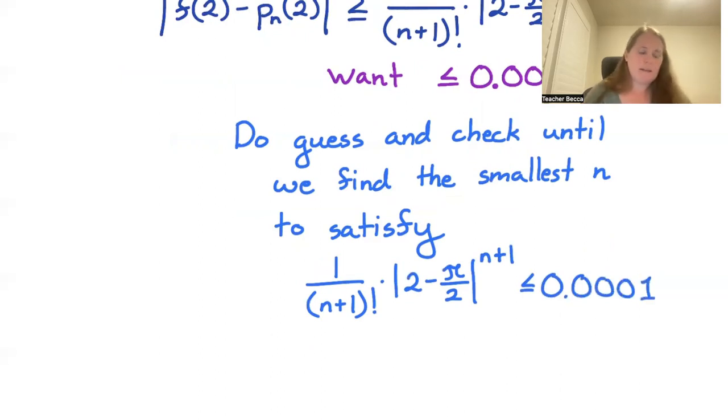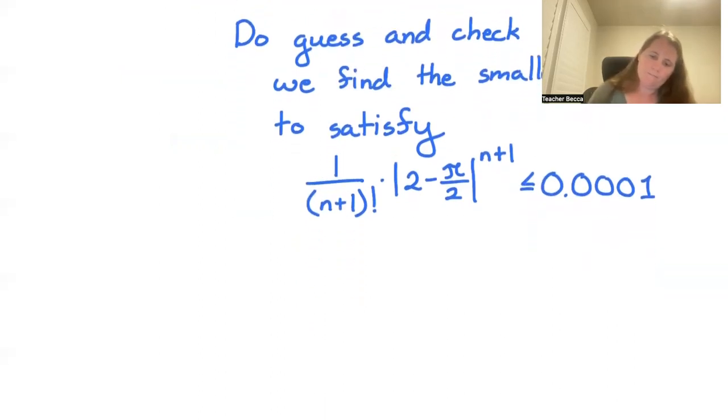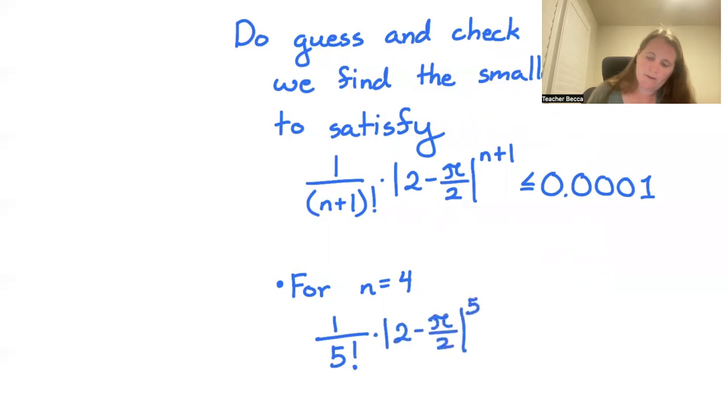So if we plug in n equals 4, we have 1 over 5 factorial times the absolute value of 2 minus pi over 2 raised to the 5th power. It turns out that that is equal to 1.213 going on times 10 to the negative 4.